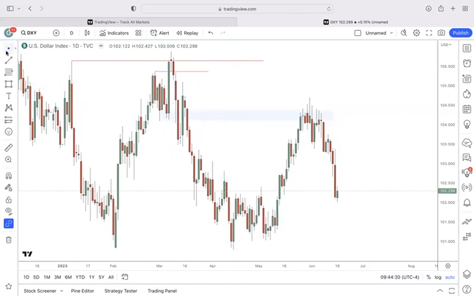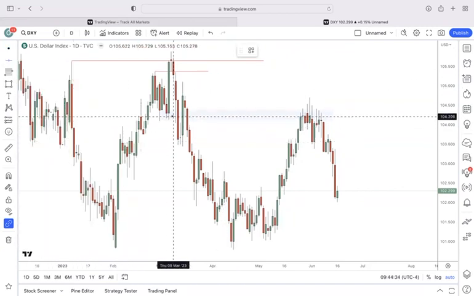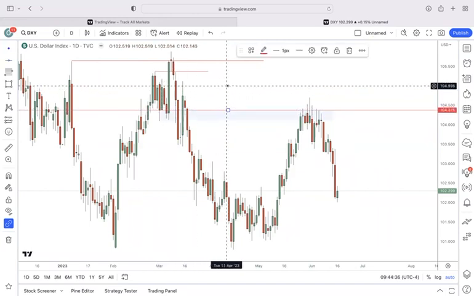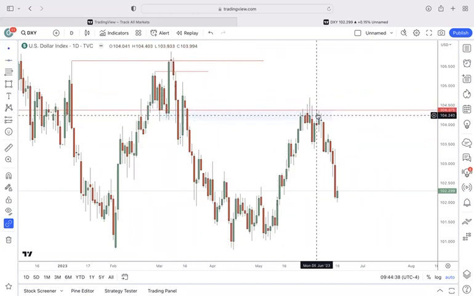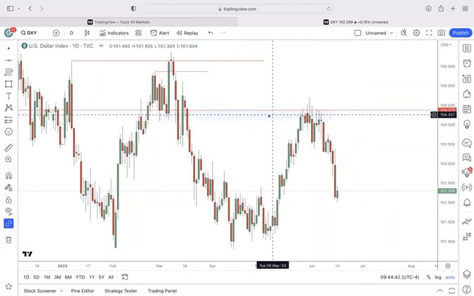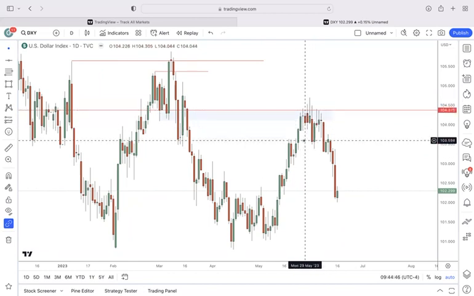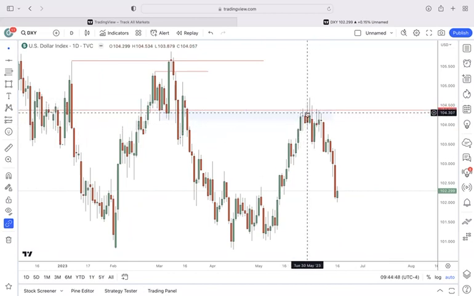But I do want you guys to note this. This is something cool. We're going to take the body of that breaker and put a horizontal line on it. Notice how there were no closures above the close of the breaker. It's very important. They were just stabbing wicks up there.